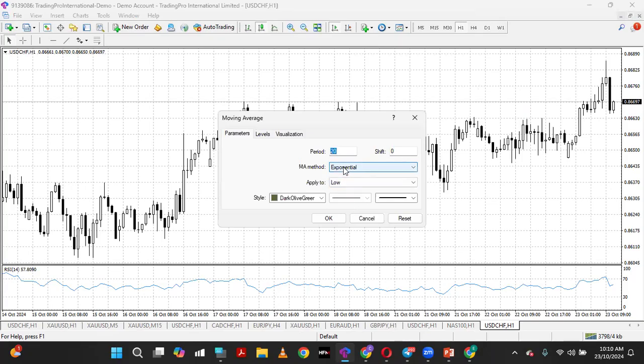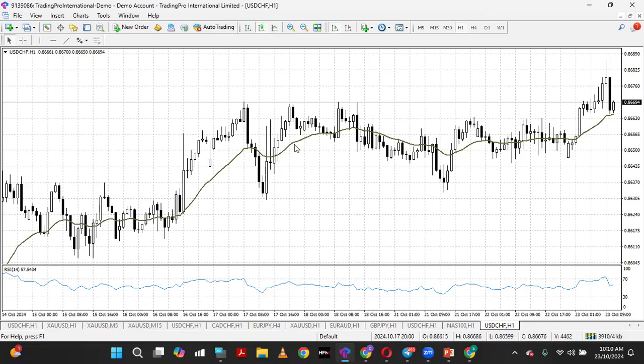What type? You have what you call exponential and simple. You pick the one you want. Then you apply to close. It's always preferable you apply to close of the chart. Then you check the style. The style is the color, how you want the line, and the thickness. Once you're through with it, you click OK. And this is the moving average on your chart.